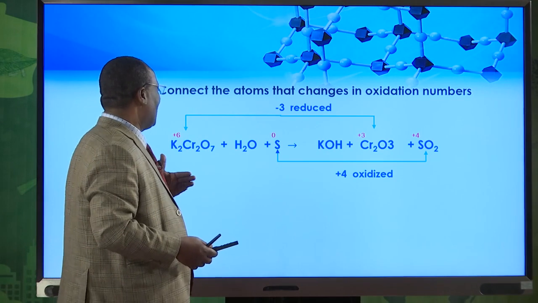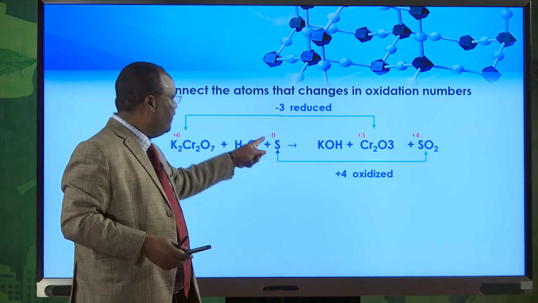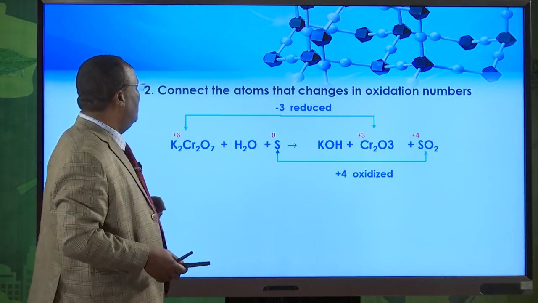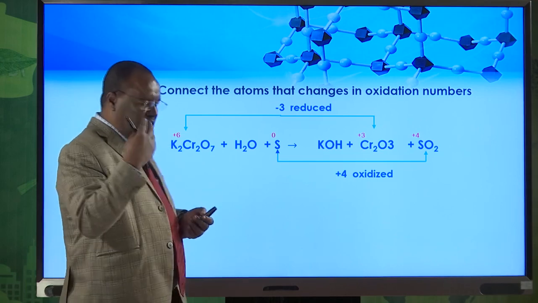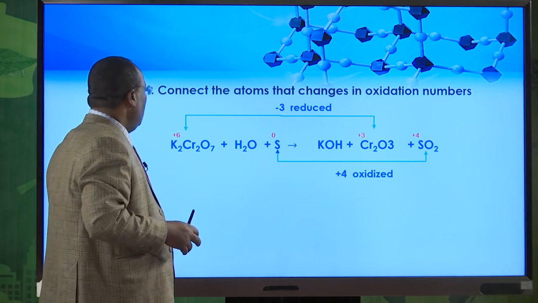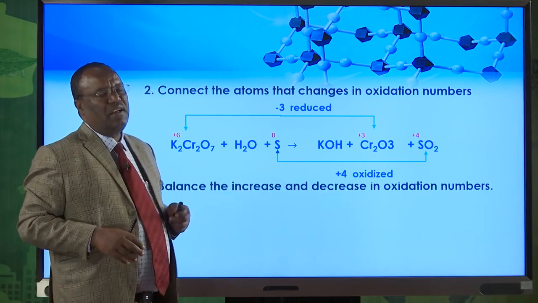There is a change in oxidation number by 3. 3 electrons are gained by chromium. Sulfur from 0 to +4 is oxidized. Now we identified the number of electrons lost and gained by the two atoms. So we balance the increase and decrease in the oxidation.